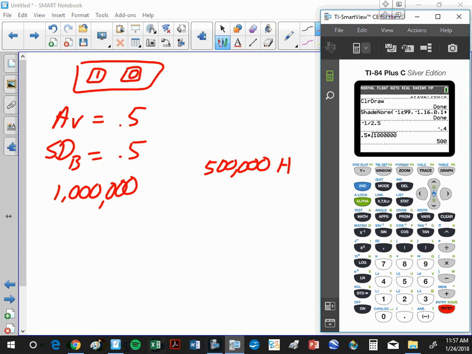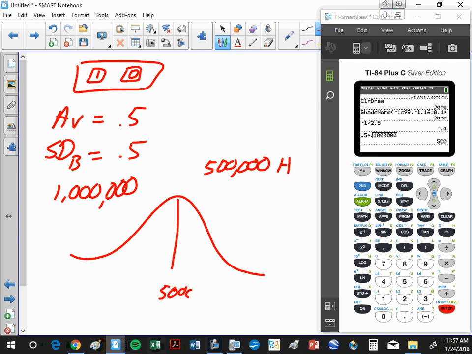So this is 500,000, right? He ended up with 502,015. Okay? How far is that? 2,015. But the SE is 500. So that's a Z-score of 4 plus.